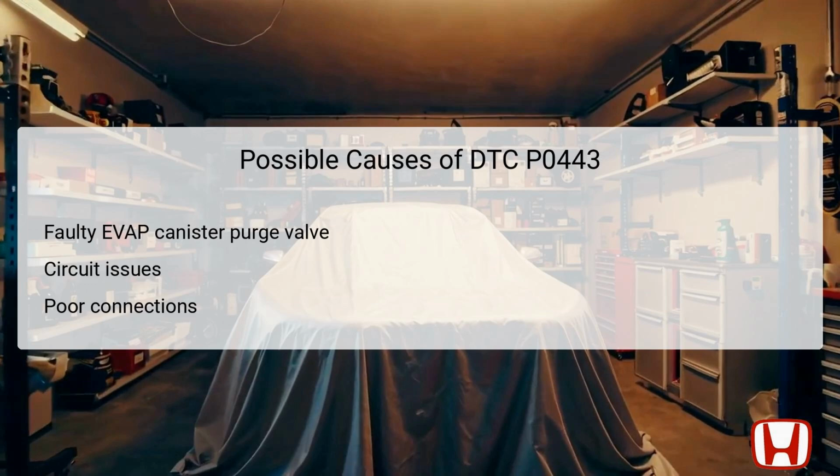Additionally, poor connections at terminals can affect the electrical pulses necessary for the purge valve's operation. These potential failures indicate the importance of thorough inspections of the valve and its connection points. When diagnosing, it's critical to evaluate each possible cause systematically to ensure accurate troubleshooting.